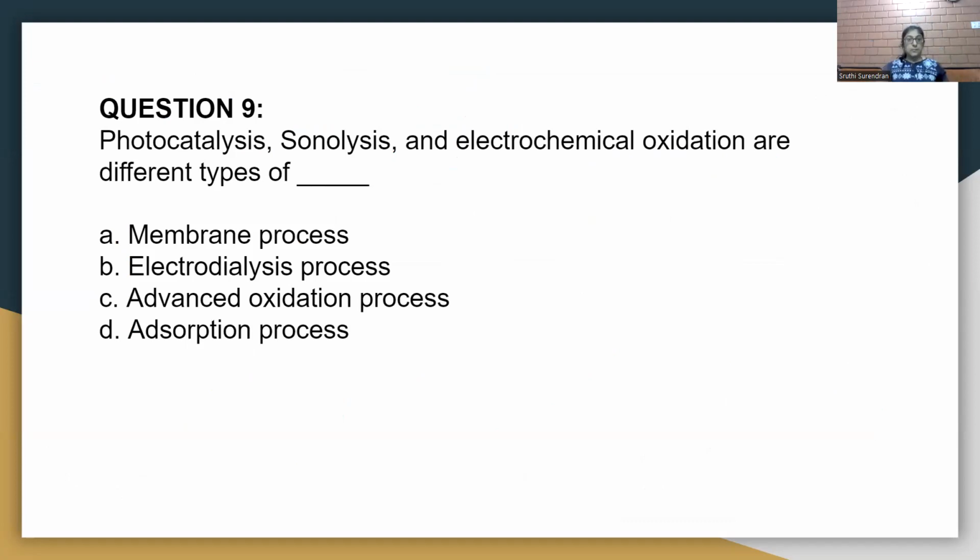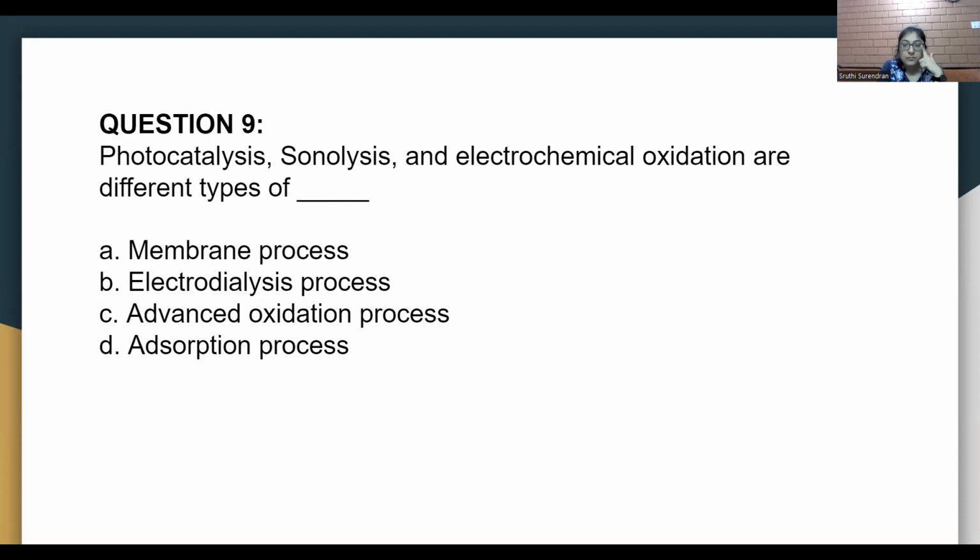Are these examples of membrane process, electrodialysis process, advanced oxidation process, or adsorption process? Kiran has given C.